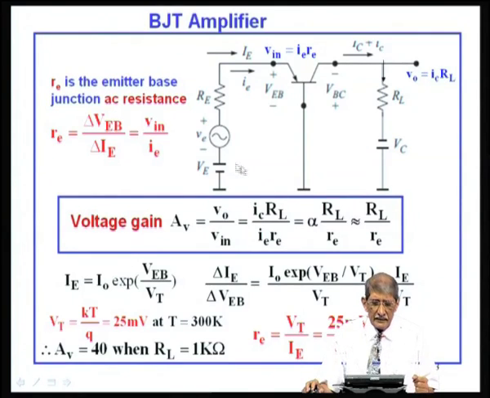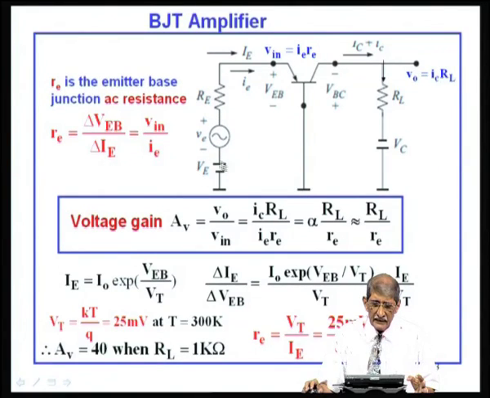So, we saw last time, I had quickly gone through this portion of the common base BJT, common base amplifier circuit. Here what I would like to point out is there is DC as well as AC.